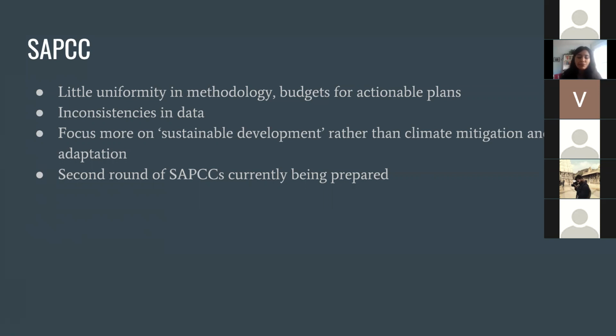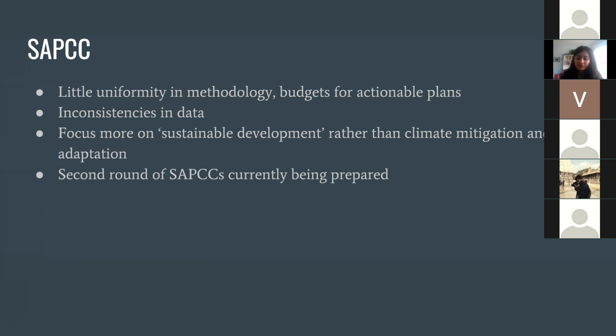So the states were not working by themselves. They were helped by external agencies. The donor agencies also got themselves involved in the SAPCC. So this was great because they had the resources that the states by themselves did not. But then the idea was that the donor agencies would impart some sort of technical expertise in climate change in the state departments.